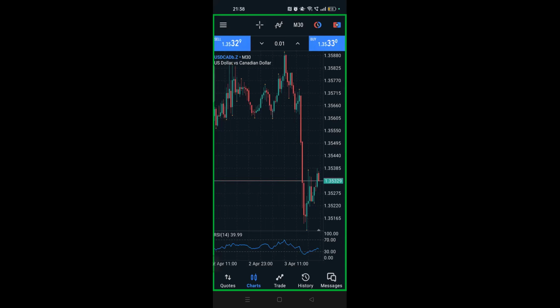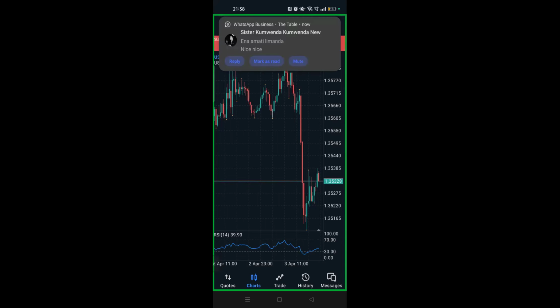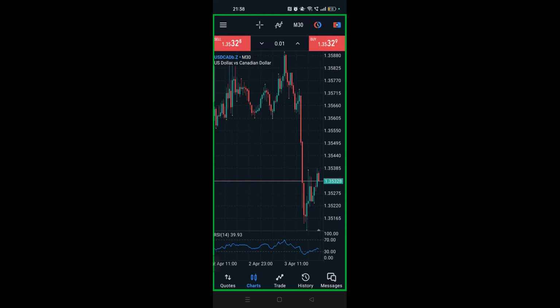Now, we have a highlighted something like a lime green, 1.35328. That is the current price, where price is right now. How much is the United States dollar going against the Canadian dollar? How much Canadian dollar do you need to get 1 United States dollar?